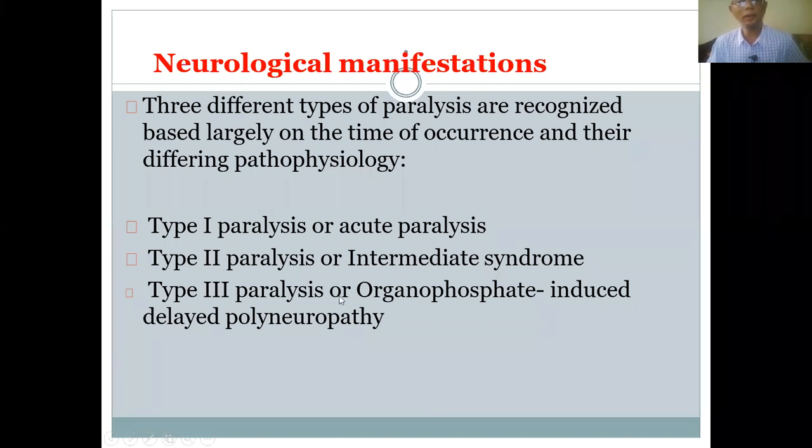And type 3 paralysis or organophosphate induced delayed polyneuropathy can occur. So these features you can get actually in the course of time. The organophosphate induced delayed polyneuropathy can occur even weeks or months later.